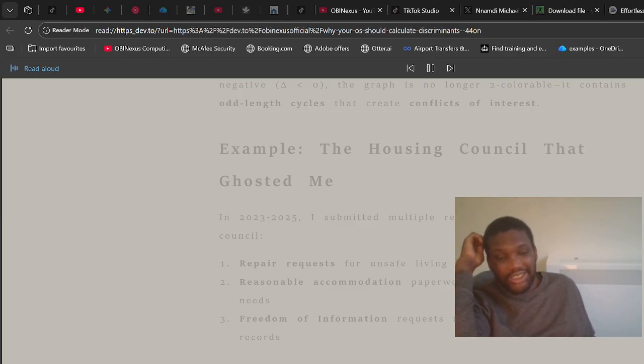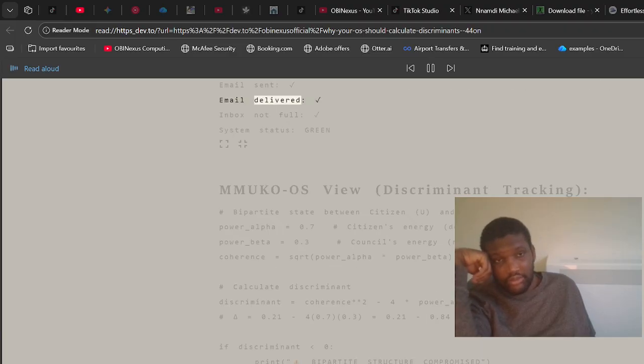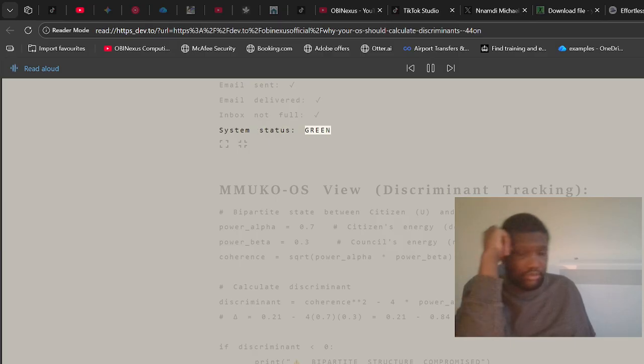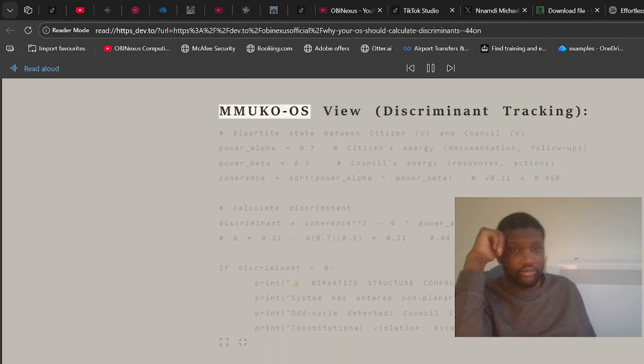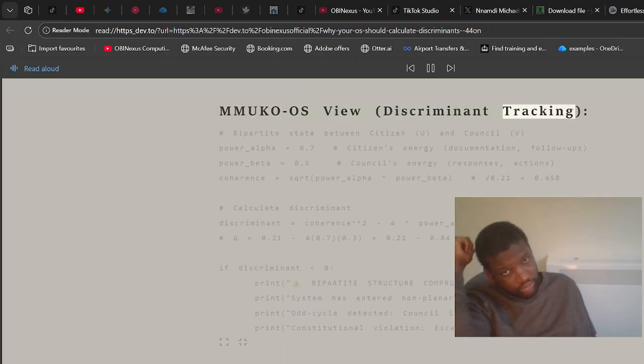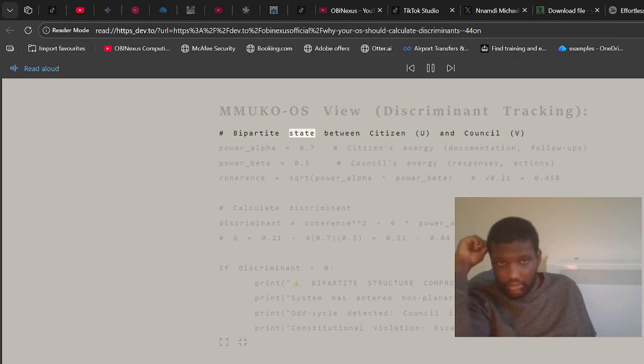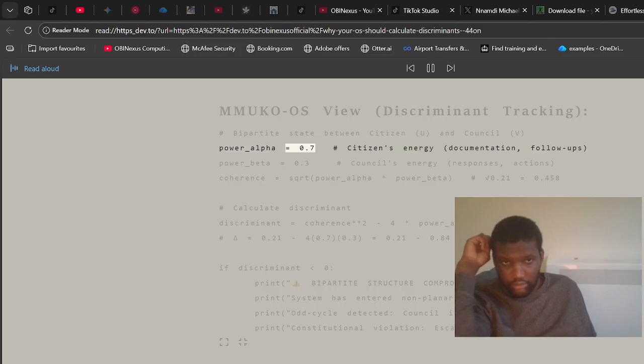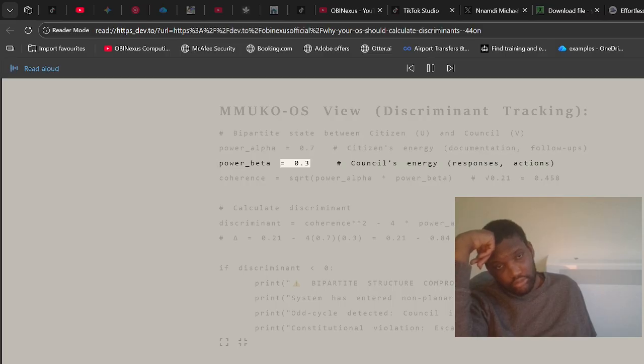Traditional OS view: email sent, email delivered, inbox not full, system status green. MMUKO OS view, discriminant tracking. Hashtag bipartite state between citizen, U, and council, V. power_alpha equals 0.7, hashtag citizen's energy: documentation, follow-ups. power_beta equals 0.3, hashtag council's energy: responses, actions.